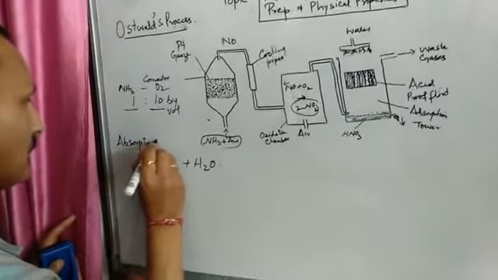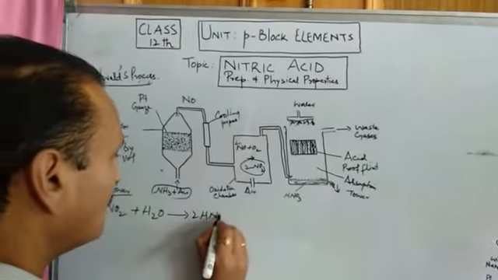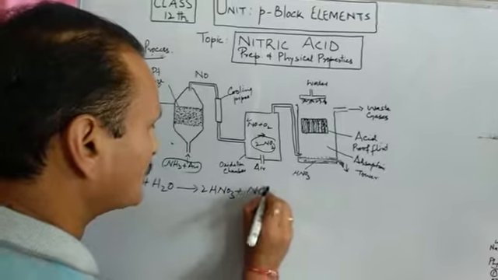In the absorption tower, nitrogen dioxide enters this tower and water is poured from the top. A reaction takes place between nitrogen dioxide and water, and as a result we get nitric acid along with nitric oxide.